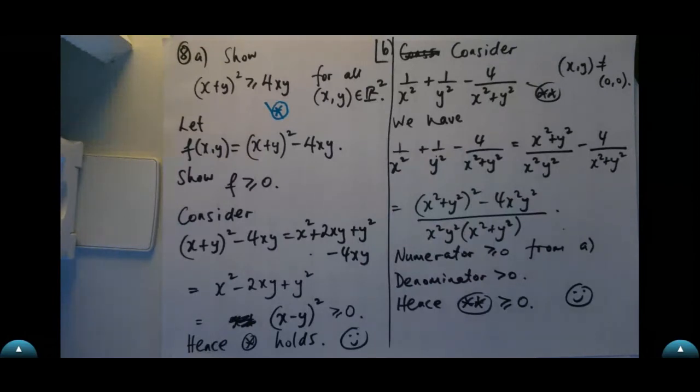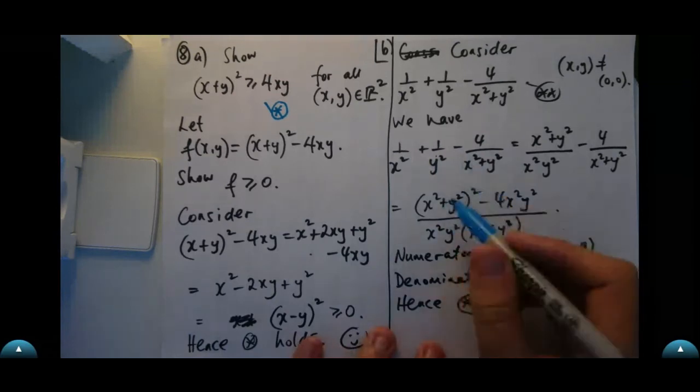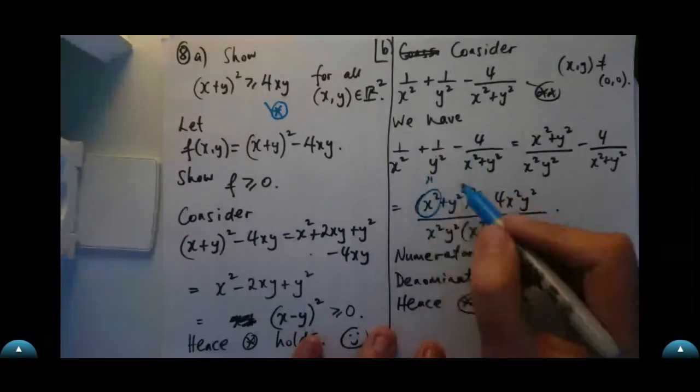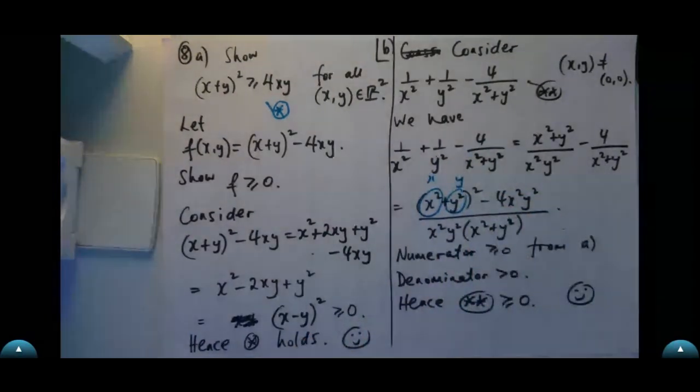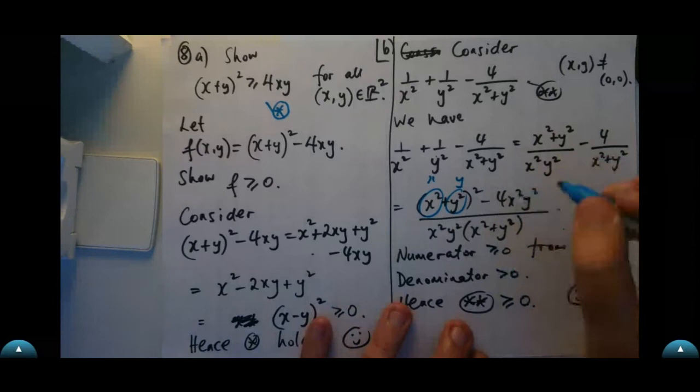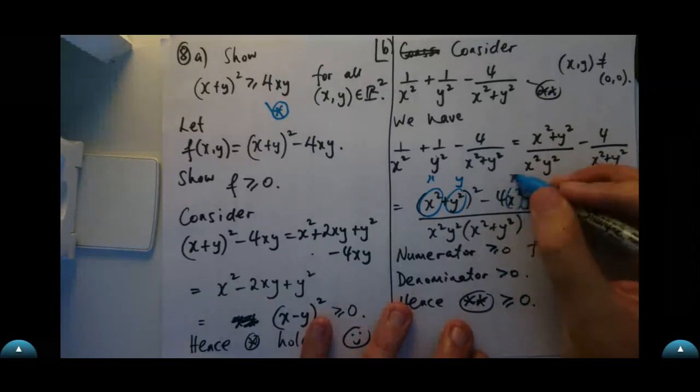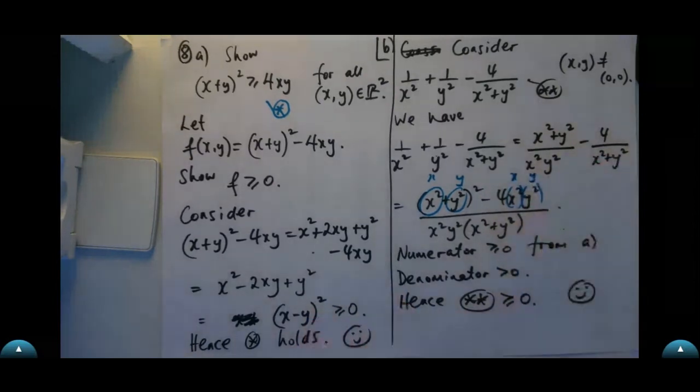Yeah, so the numerator is greater than or equal to 0 from A, because imagine this is like your X and that's your Y. Okay, Maximilian? And you can think that is your X and that's your Y. So it comes back to Nathan's suggestion about making a substitution in the end anyway, even though I didn't do that at the start.